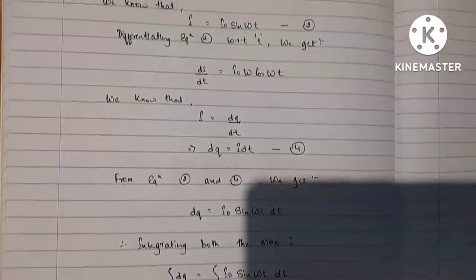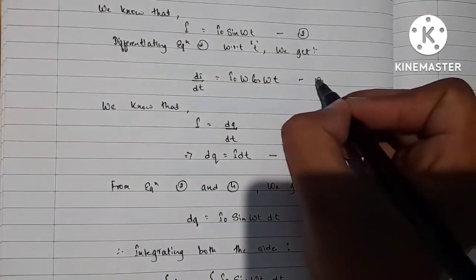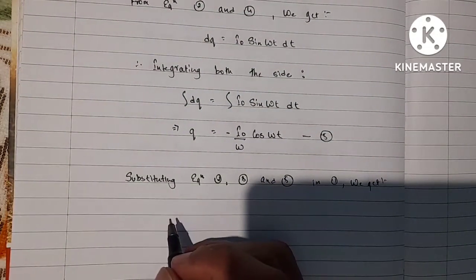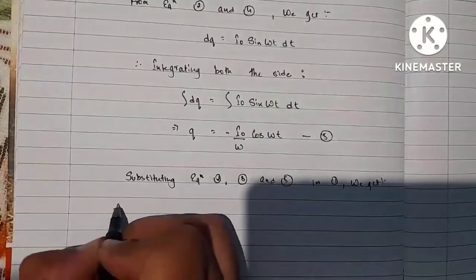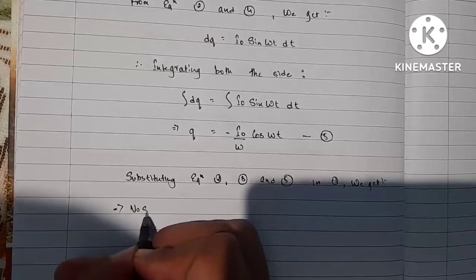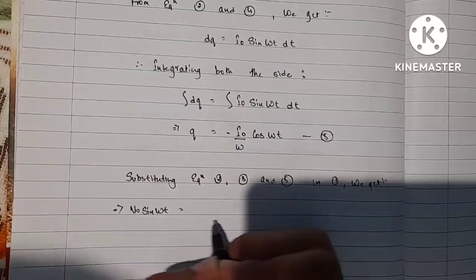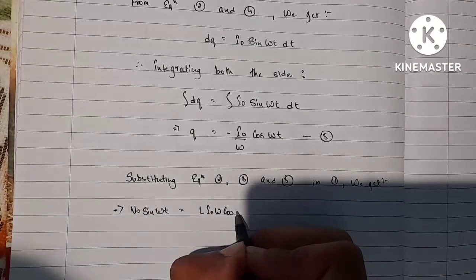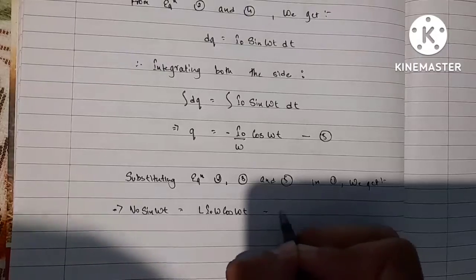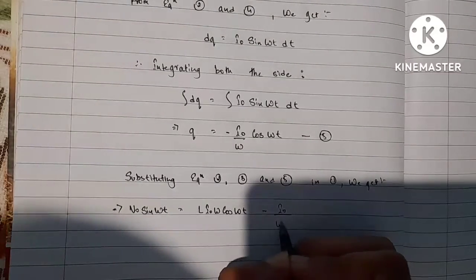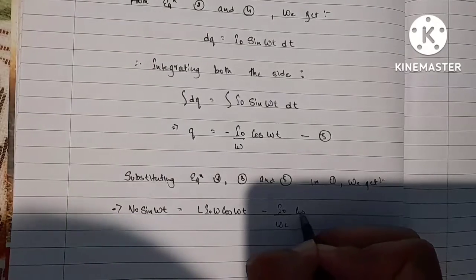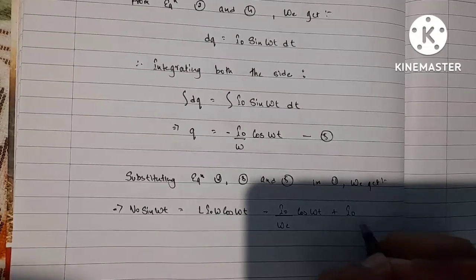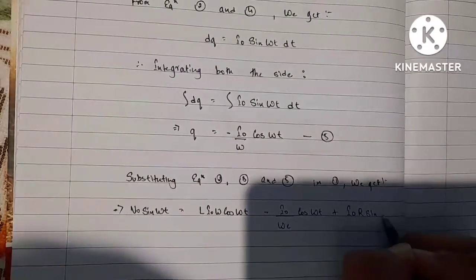I forgot to mention one thing: let this be equation number 3. So now what we get is V naught sine omega t equals L I naught omega cos omega t minus I naught by omega C cos omega t plus I naught r sin omega t.